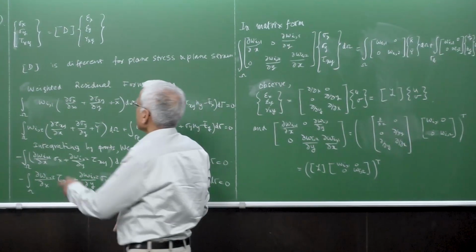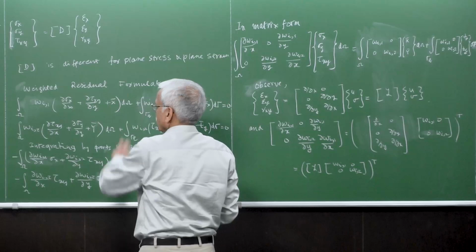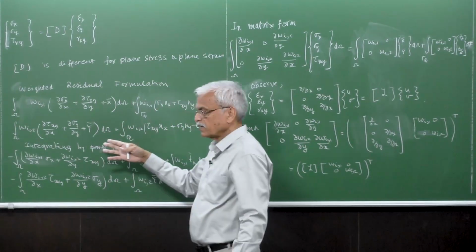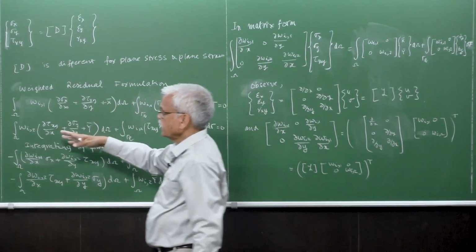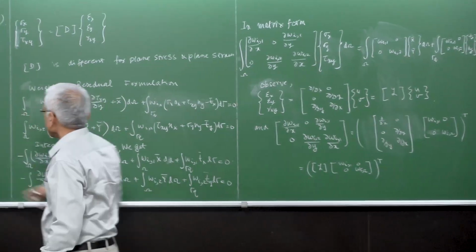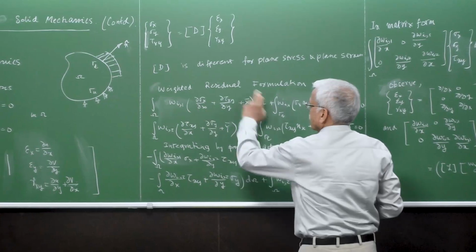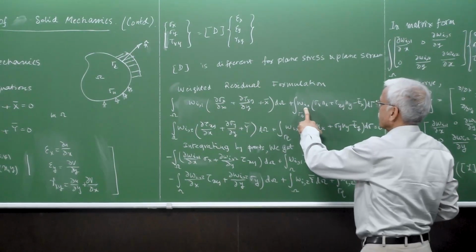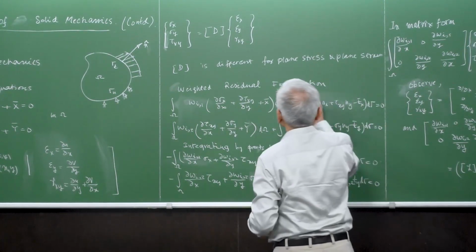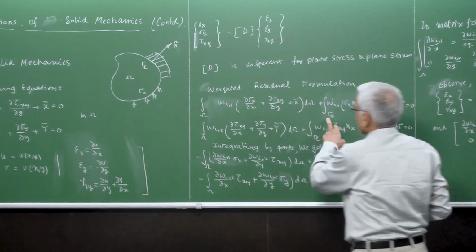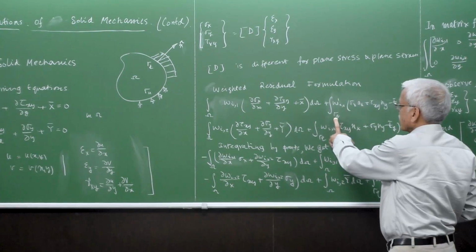Coming back to the weighted residual formulation, which we also did yesterday, we take one equation at a time and multiply with the weighting function, and then another weighting function to take care of the traction boundary condition.